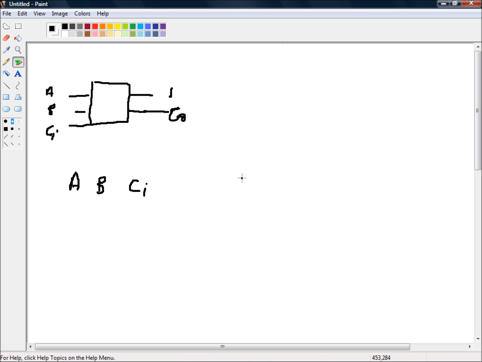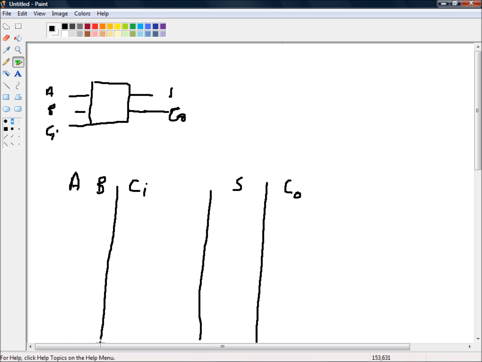And then our outputs are sum and carry out. Okay. So we're just counting up in binary to make sure we get every possible combination.